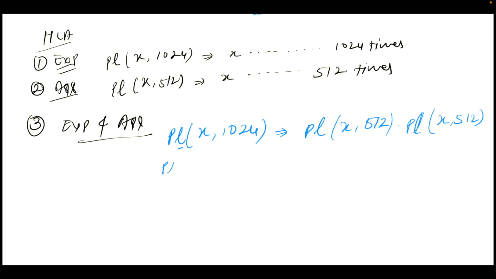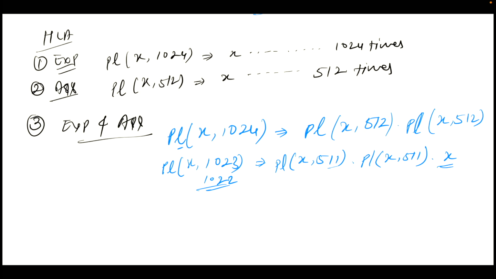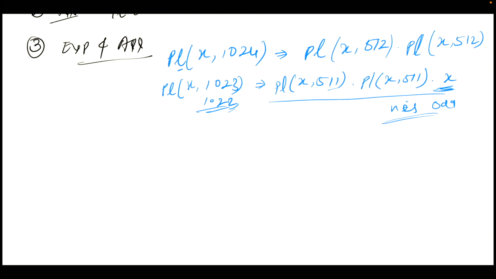But if we put x comma 1023, then power logarithmic x comma 511, it will be half of 1022, into PL of x comma 511 into x, because one x is left, so we multiply with it. So this formula satisfies the case where n is odd. Now we have our formulas.